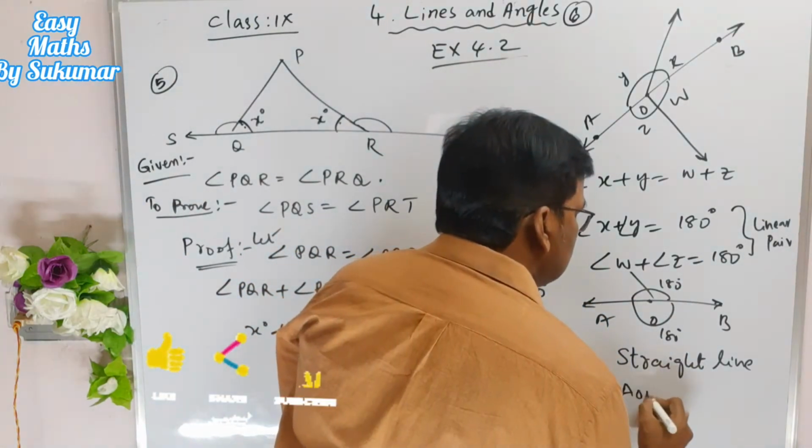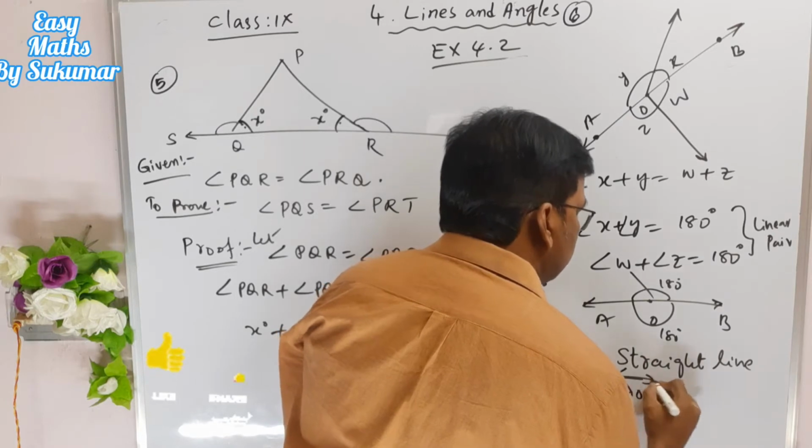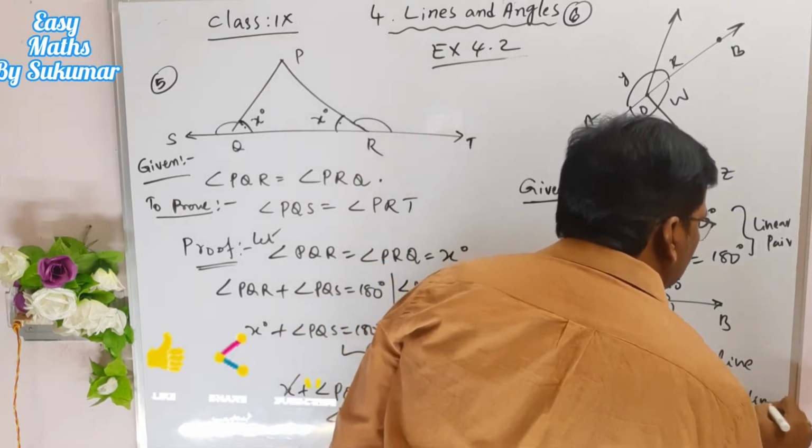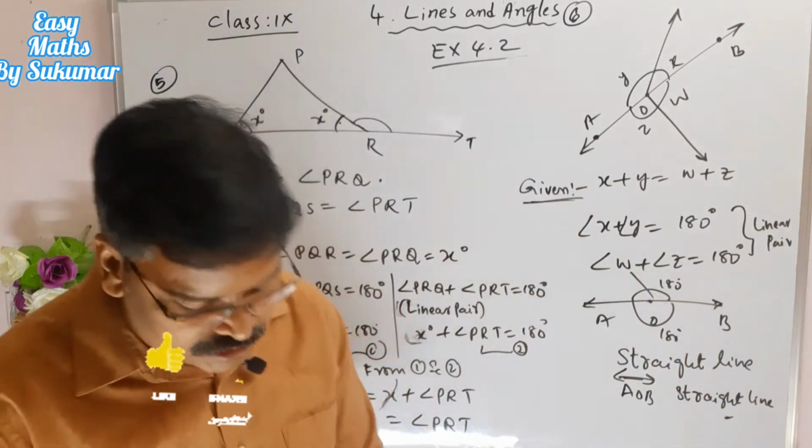Therefore AOB is a straight line. It's very simple. There is nothing to prove there.